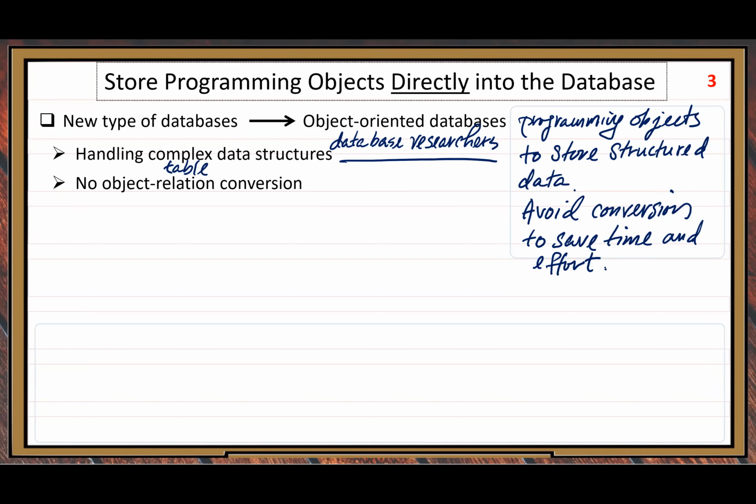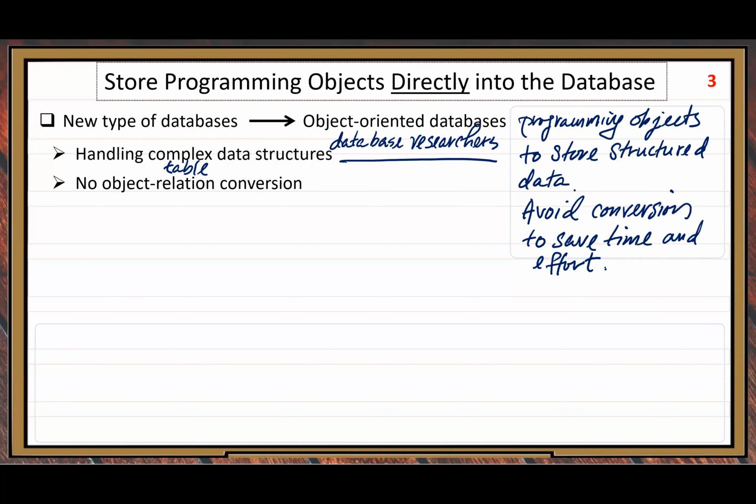That's their goal. And in this way, if you retrieve the data, it is already a programming object, so you can use your programming objects immediately. You do not need to do another round of conversion.